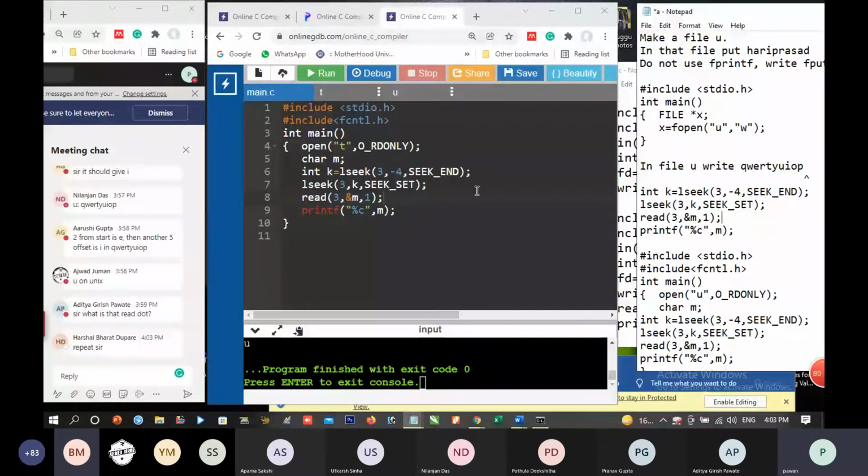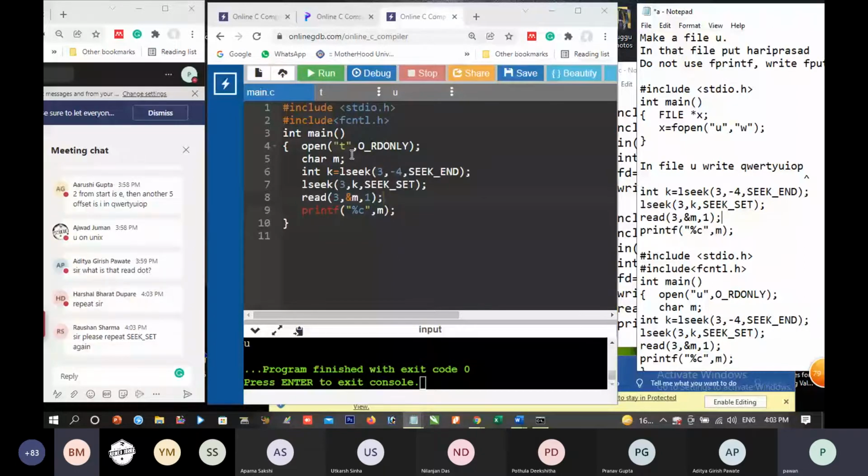What is the doubt? A file T is opened. We are trying to print the fourth last letter of the file. What is the problem? Which SEEK_SET? You see, it will return the location of the fourth last letter.